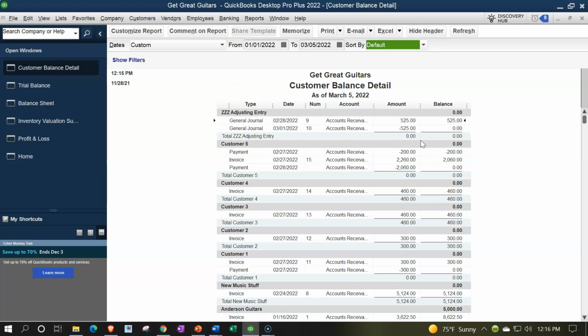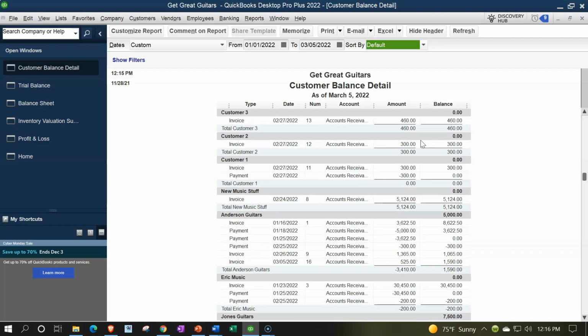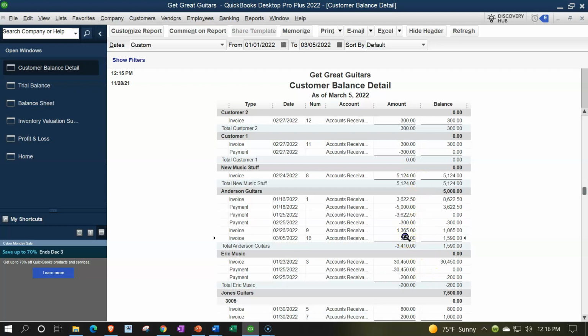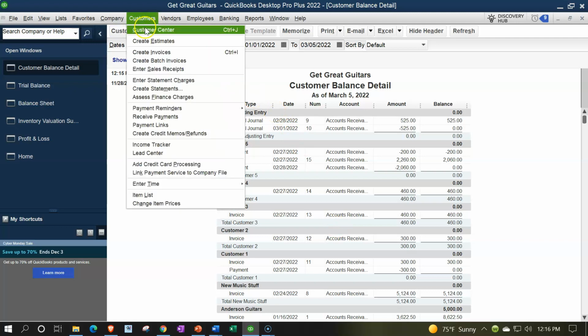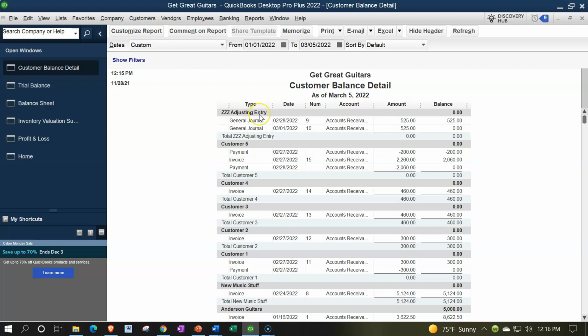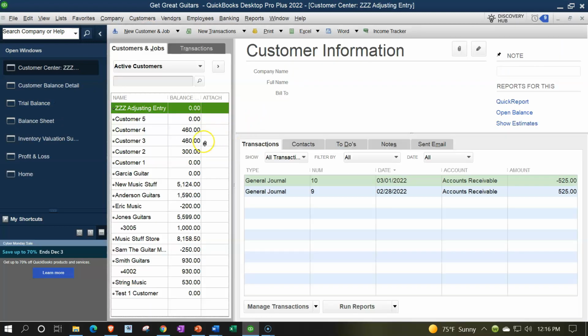If that's worrisome to you, if that's going to bother the accounting process, then you might want to actually make another account that's not an accounts receivable account, that's an other current asset type of account, and put your adjusting entry there if necessary. And then we have our Anderson Guitars, which has the original invoice down here, the 525. You can also see that information if you go to the company dropdown and the customer center and look at the left-hand side.